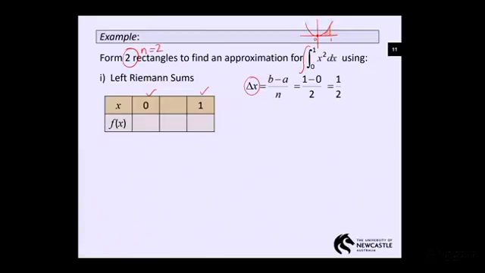You can see 3 boxes waiting for us. Keep in mind, it said two rectangles, and that 2 led us to the delta x being a half. This is the secret here, because the jump has to be a half, and it should get you to the top number. So in this case, the missing number is 0.5. You can write it as a decimal, you can write it as a fraction.